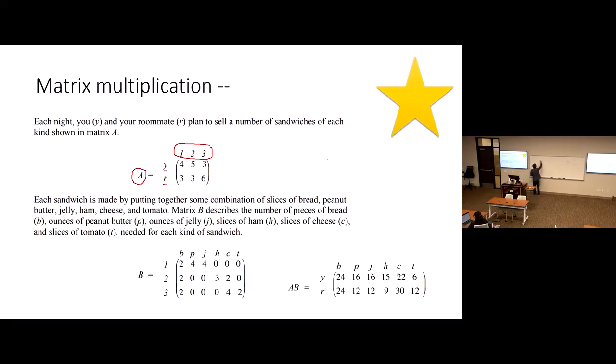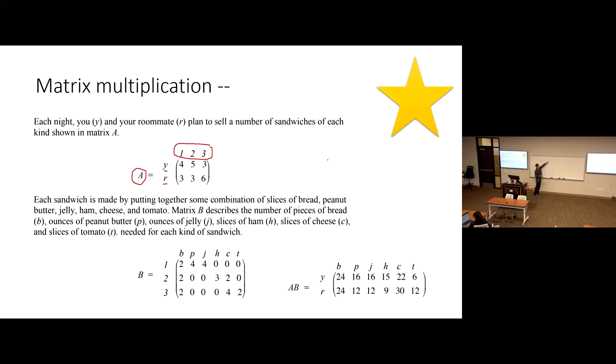So A is a matrix. So the meaning is that you want to make 4 sandwiches of type 1, and of type 2 sandwich you want to make 5 of it.